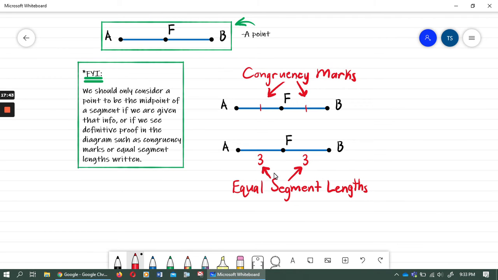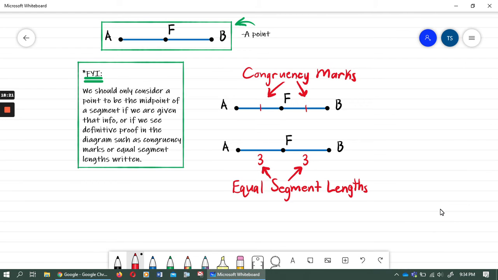So that's three things that can indicate that we really have a midpoint: either you'll be told that information, or you should see congruency marks or equal segment lengths written in the diagram. Now I think we are ready to start looking at our midpoint formula, now that we've gone through this basic information.